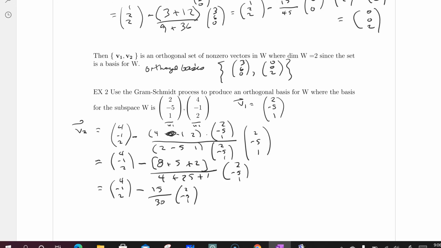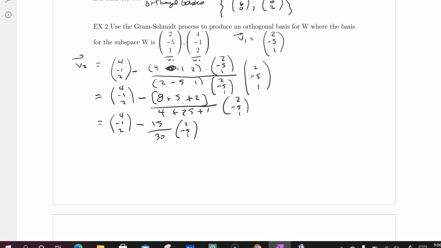It's a 1/2, right? Okay. So then I get 4, negative 1, 2. And so this is a negative 1/2, right? So I'll keep the negative out here and I'll multiply the 1/2 in. So I get negative 5/2 and then a 1/2, keeping the negative out there.